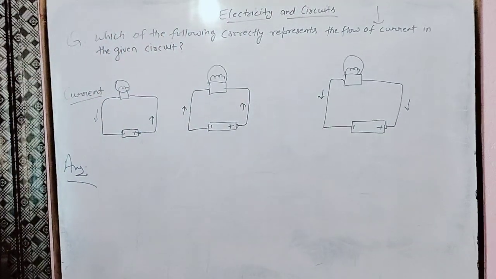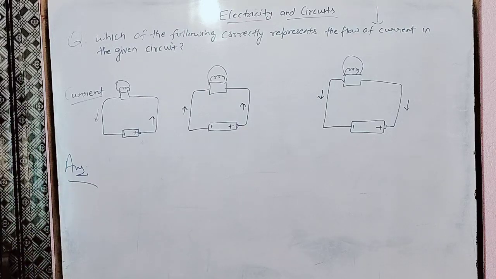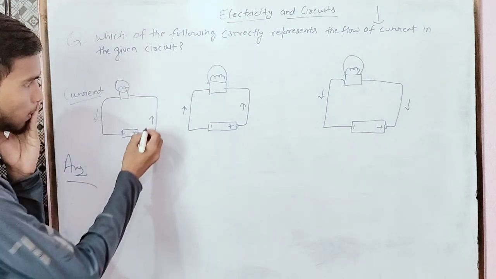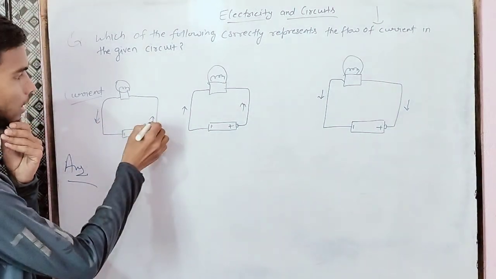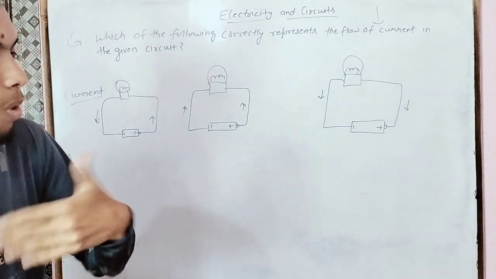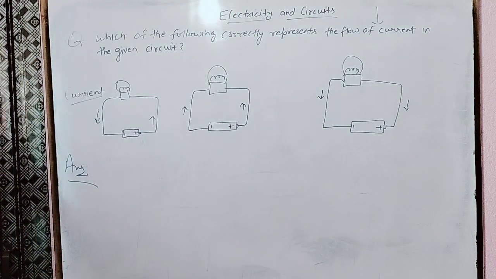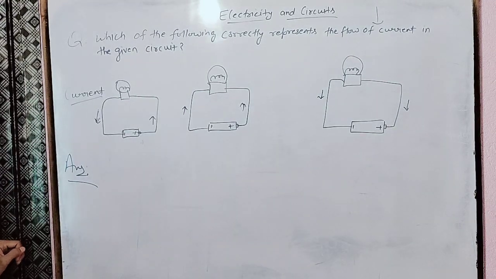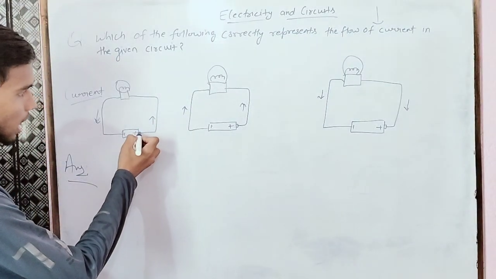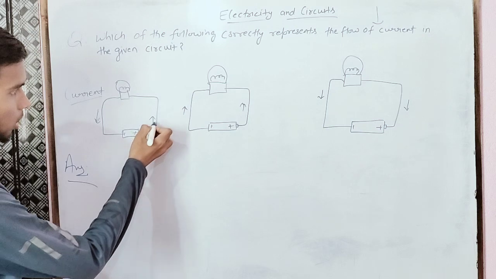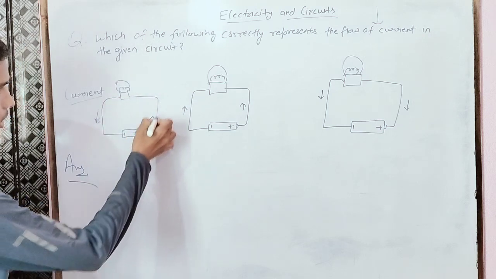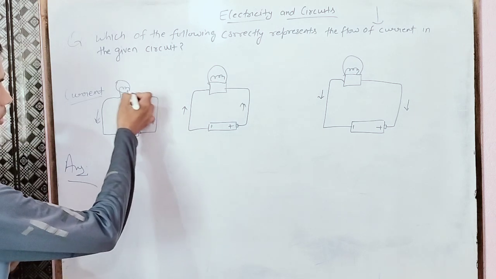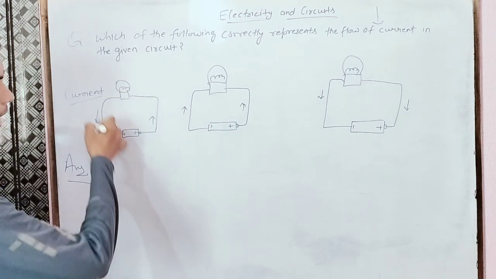That's how current flows. Here you can see this arrow will help you to identify how the current is flowing. Here the current is going from here like that.